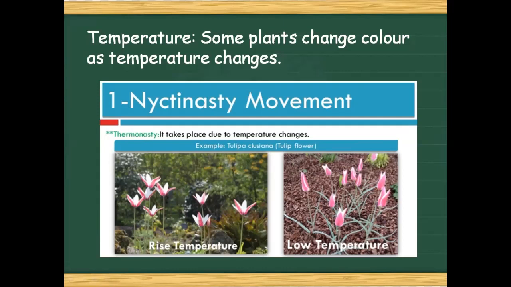So we can actually have color change in plants as a reaction to the temperature. As you can see in these pictures here, the reaction from the warmer temperature to the cooler temperature.